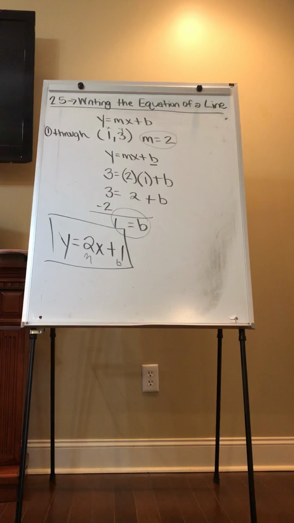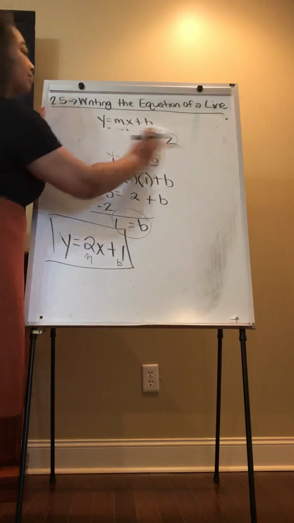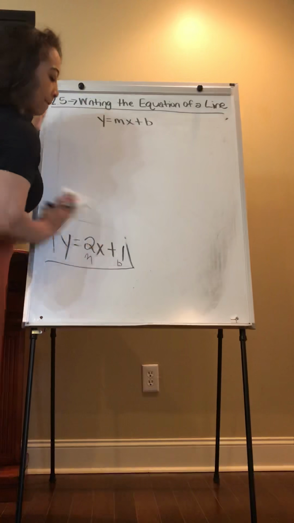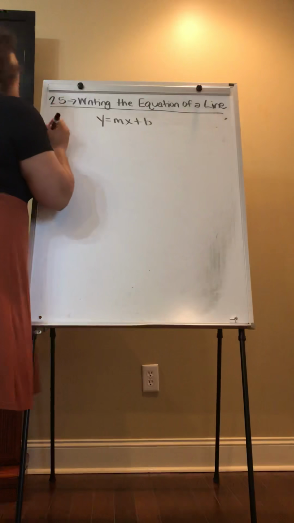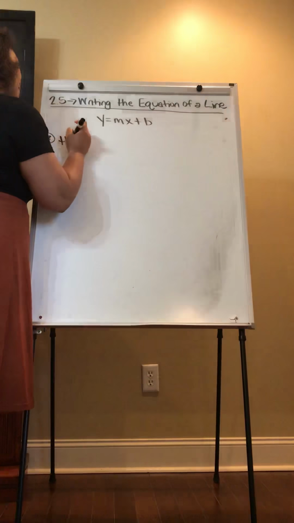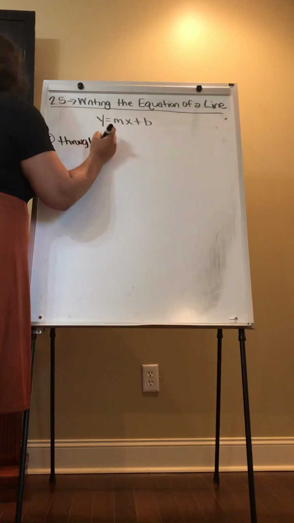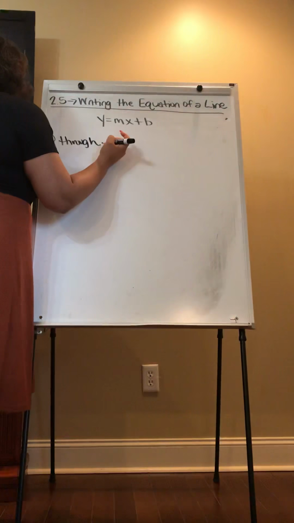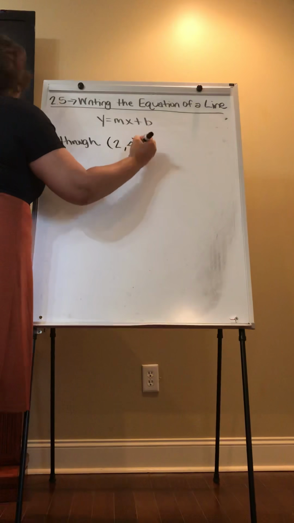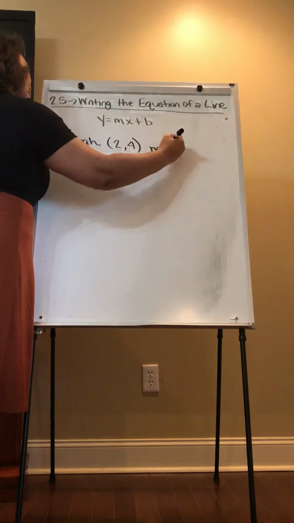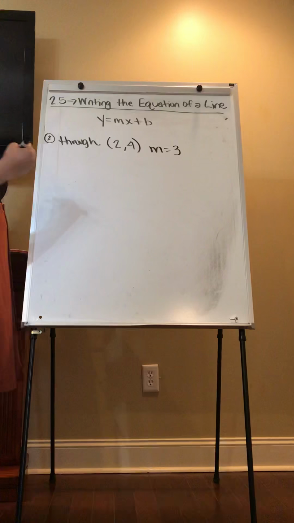Okay? Second example. We want to write the equation of a line that's going to go through the point 2, 4, and has a slope of 3.